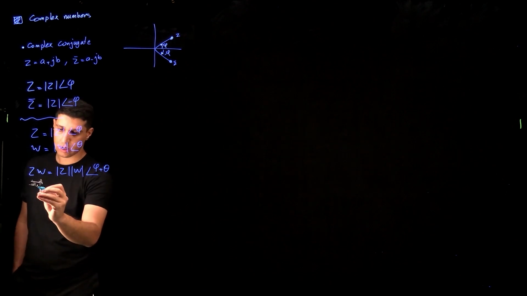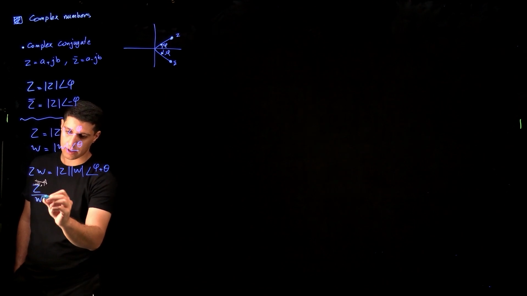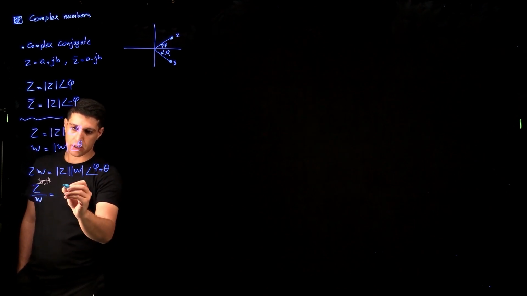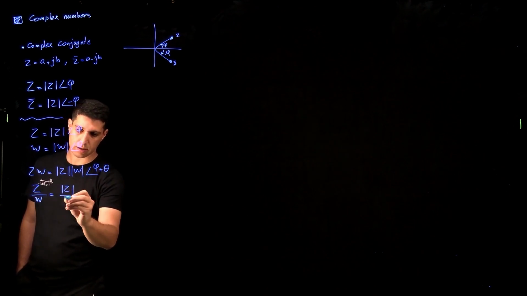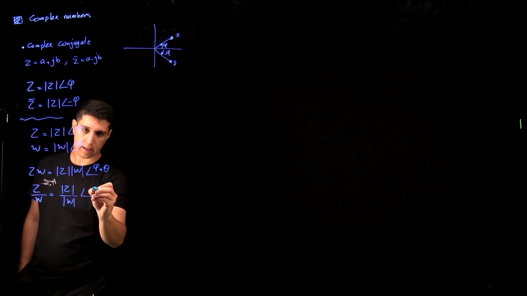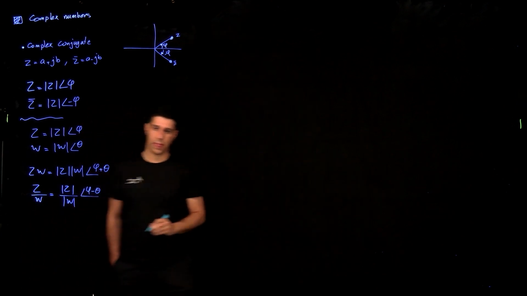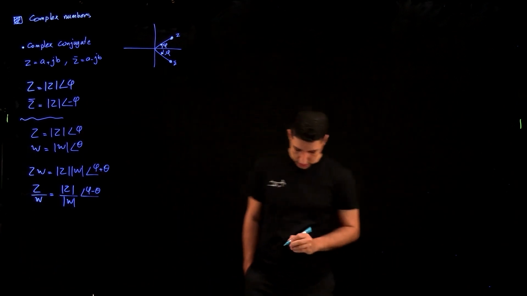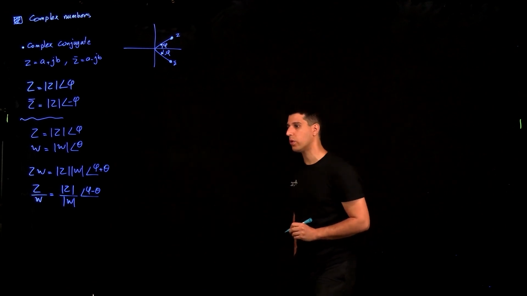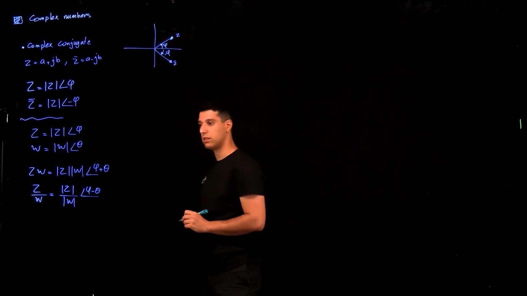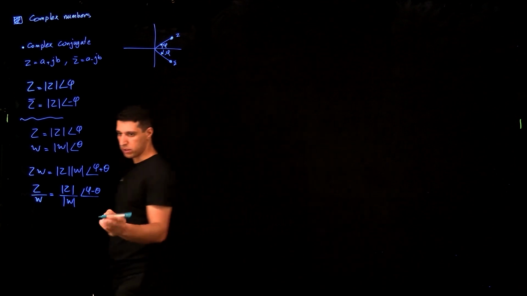Same for divisions. If I have z divided by w, it becomes very handy because the norms divide and the phases subtract. So this is a very handy way of working with multiplications and divisions of complex numbers.